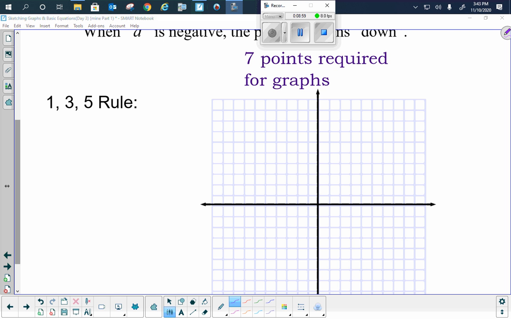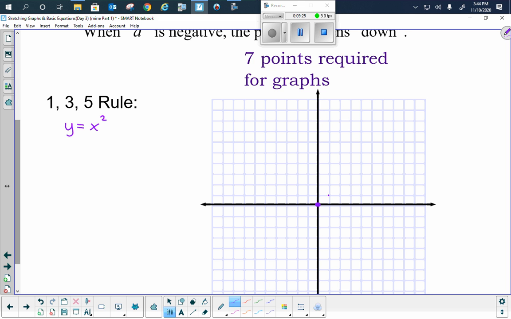Now, to make plotting a parabola a little bit faster, we want to talk about this 1-3-5 rule that you may have talked about in Algebra 1, and you'll definitely hear through the rest of your classes. Let's talk about the pattern of the basic parent graph of just y equals x squared, and let's plot some points. If you plug in 0 for x, you get 0 for y. Plug in 1, we get 1.